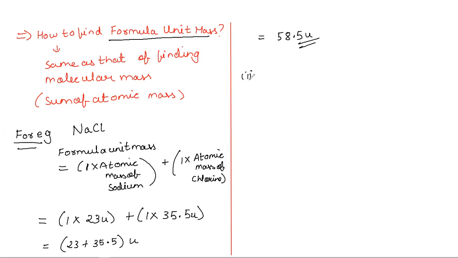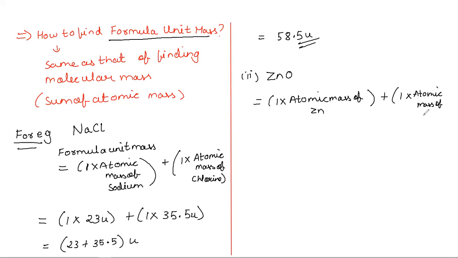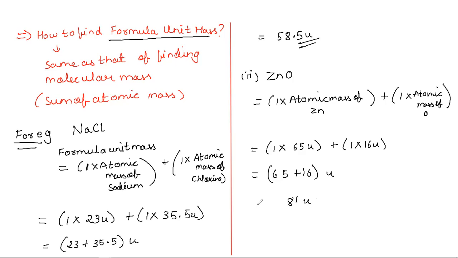Let us see one more example. ZnO, that is zinc oxide. So 1 into atomic mass of zinc, plus 1 into atomic mass of oxygen, because we have only one atom of oxygen. The atomic mass of zinc is 65 u plus oxygen 16 u. So that is 65 plus 16, which is 81 u.